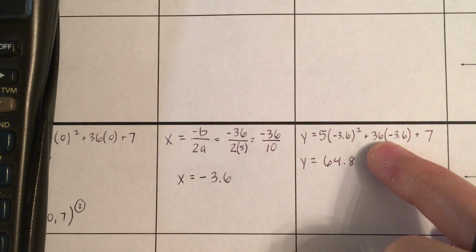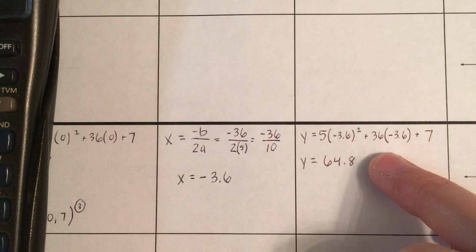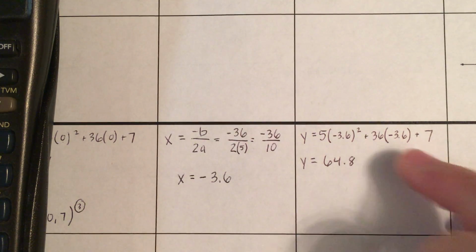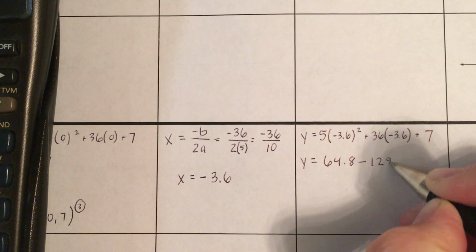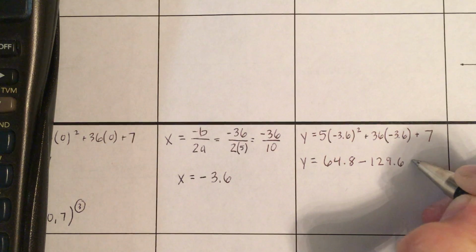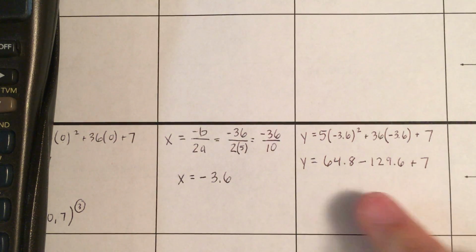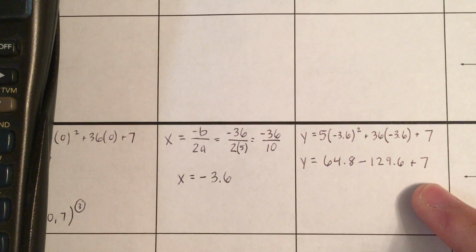Then this is 36 times 3.6. And it's negative, right? This is positive times negative. So I get minus 129.6, and then I'm going to bring down plus 7. And then I'm going to put all this in my calculator. So we're just going carefully, not making mistakes.